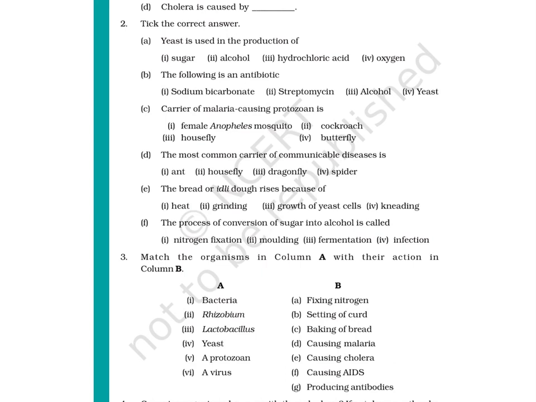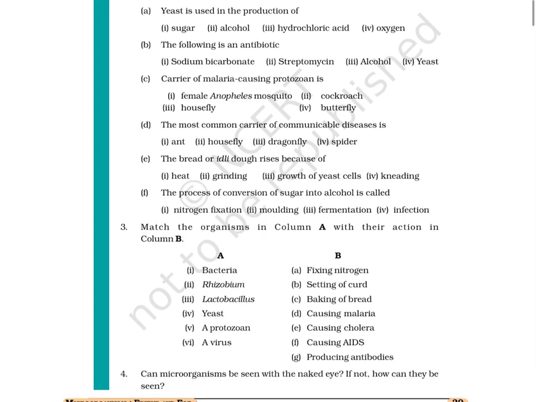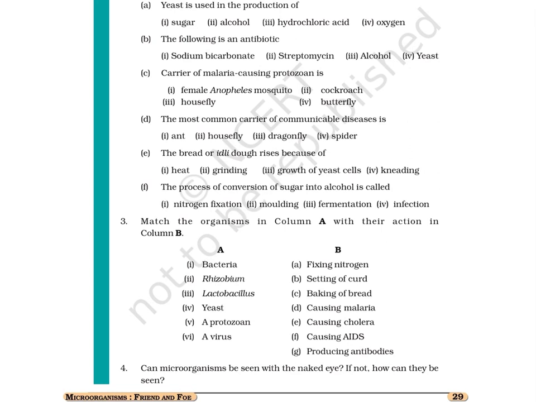Growth of yeast cells, 4. Kneading. F. The process of conversion of sugar into alcohol is called 1. Nitrogen fixation, 2. Molding, 3. Fermentation, 4. Infection.